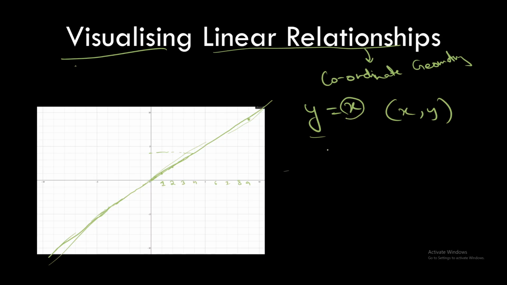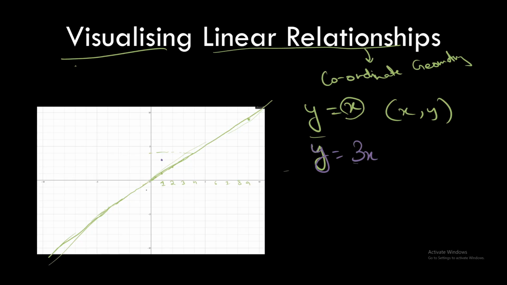Now another graph that we can plot is y is equal to 3x. So for every point we travel in x, we travel three times more in y. So let us see. 1 in the x, so it goes 3 in the y.